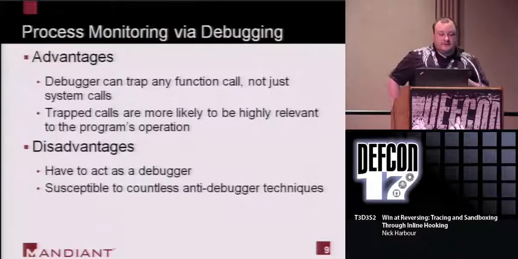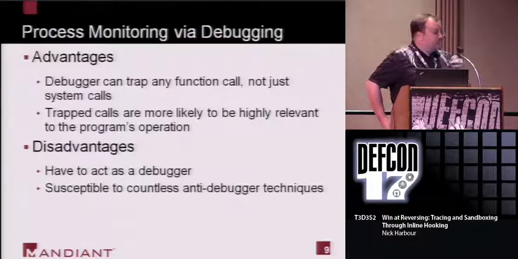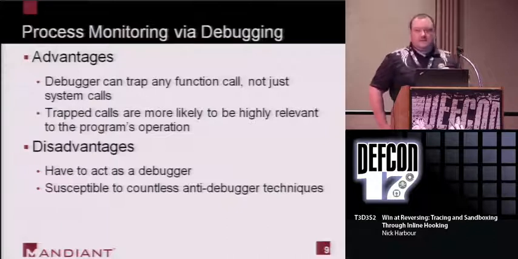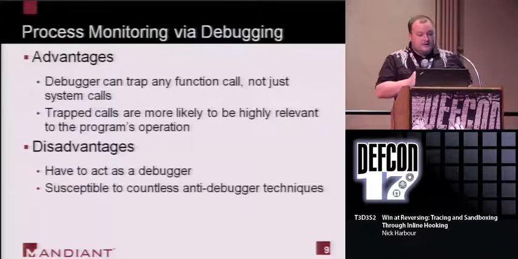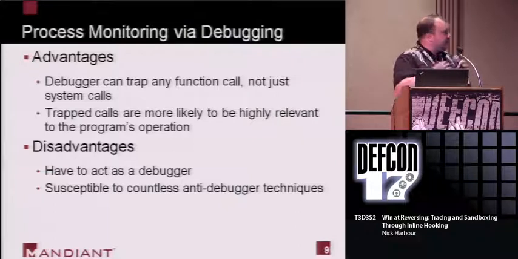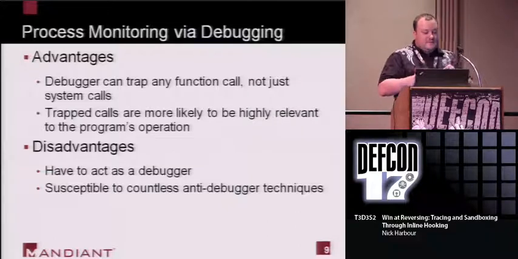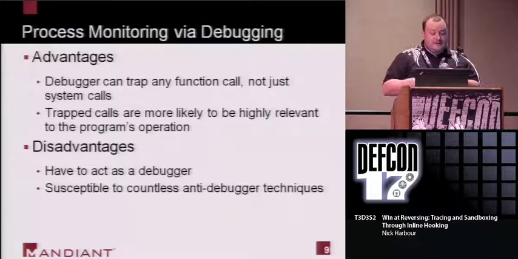Another technique to do API call monitoring for reverse engineering is using a debugger, which is pretty good. You can trap function calls all day long, not just system calls. A lot of that same stuff I'm going to be doing, you can certainly implement in a debugger. Certainly a scriptable debugger is a very good solution. You can potentially get the trapped calls to be more highly relevant to the target program using techniques that I'll be talking about later.